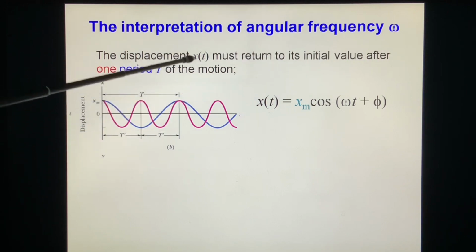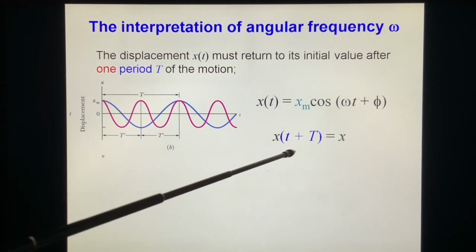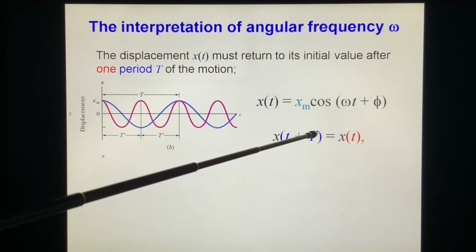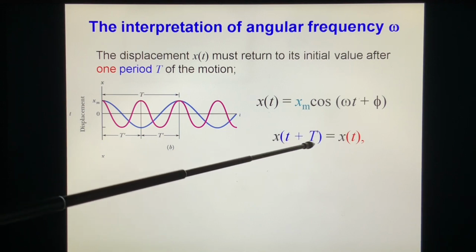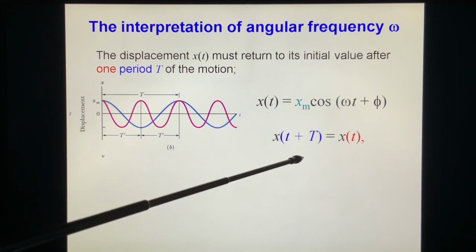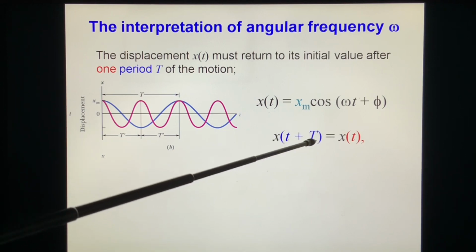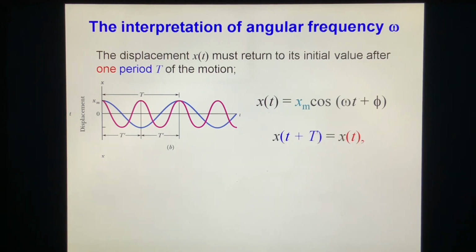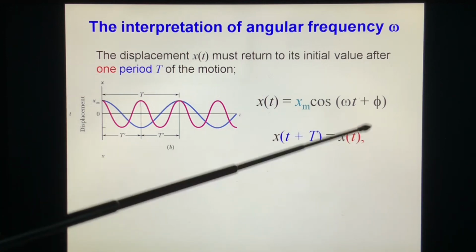At any time t. So mathematically, x at t equals x at t plus period. For two periods or three periods it is the same, so we use the shortest one, one period, equal to T. That's mathematics. The displacement x is the same.